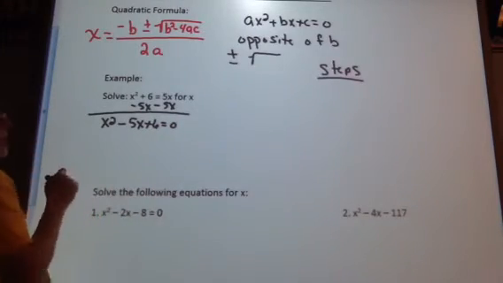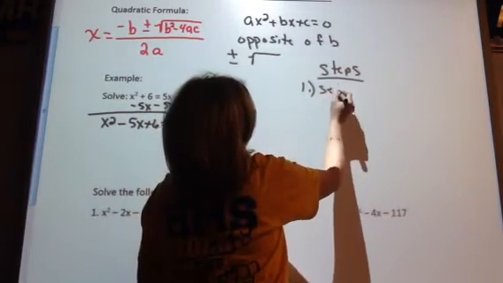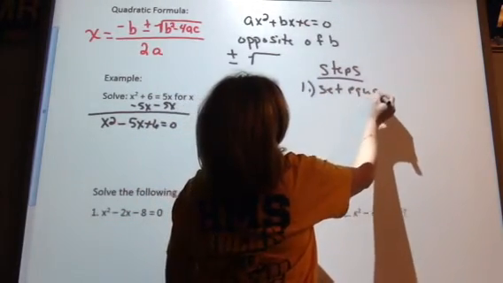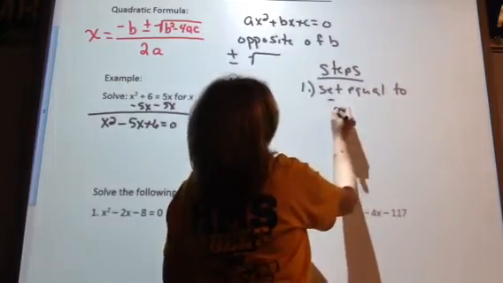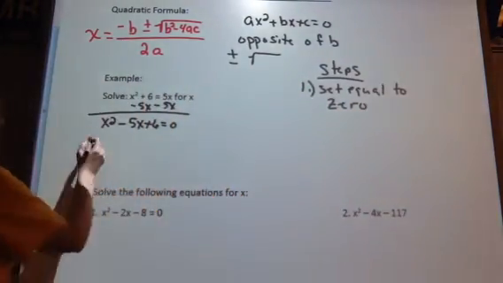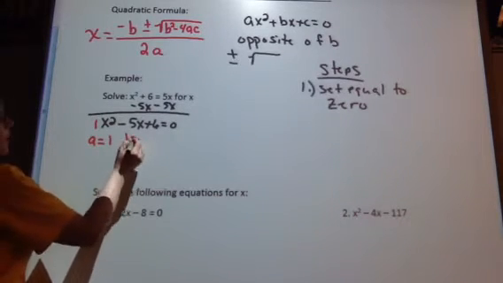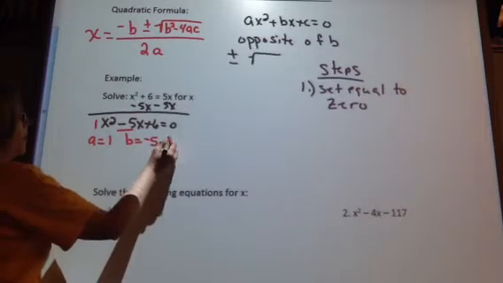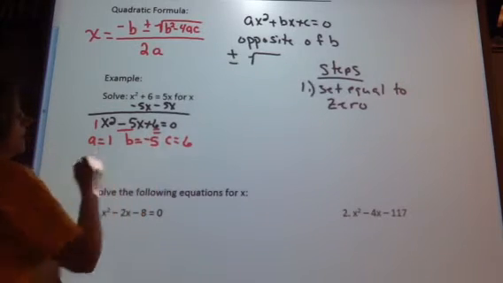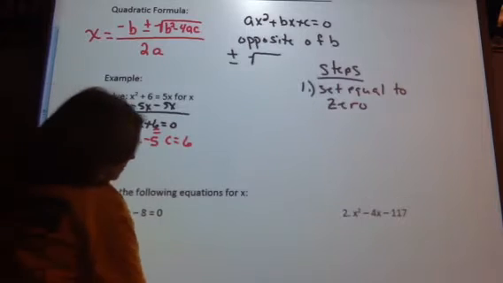Now I can identify my a, b, and c. Okay, so a is 1, b is negative 5, and c is 6. Now we can substitute in.